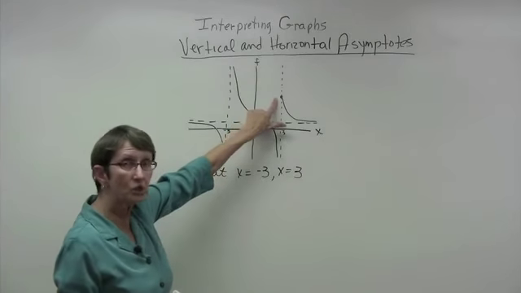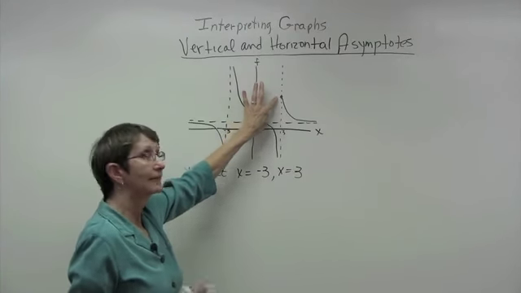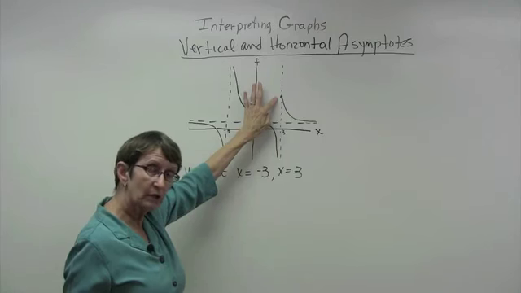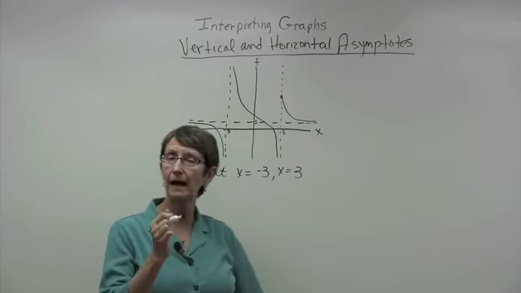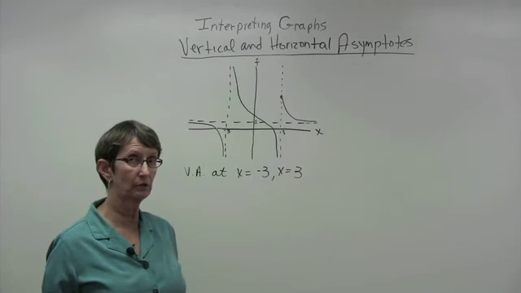But look, it touches the vertical asymptote at 3. Well, does that mean it cannot be a vertical asymptote when x is equal to 3? No, let's think about the definition of what a vertical asymptote is.